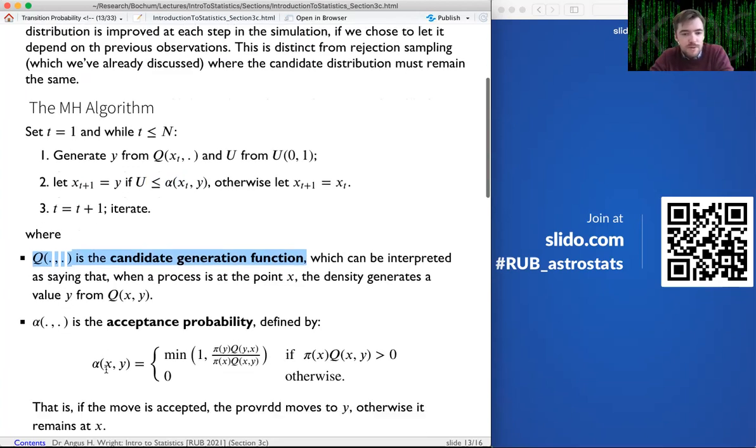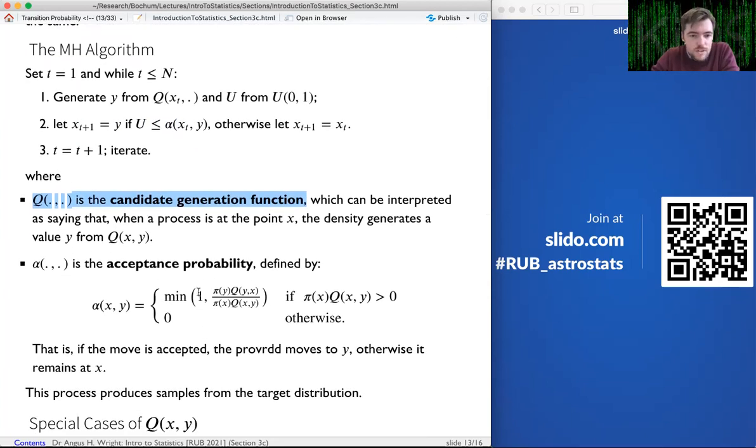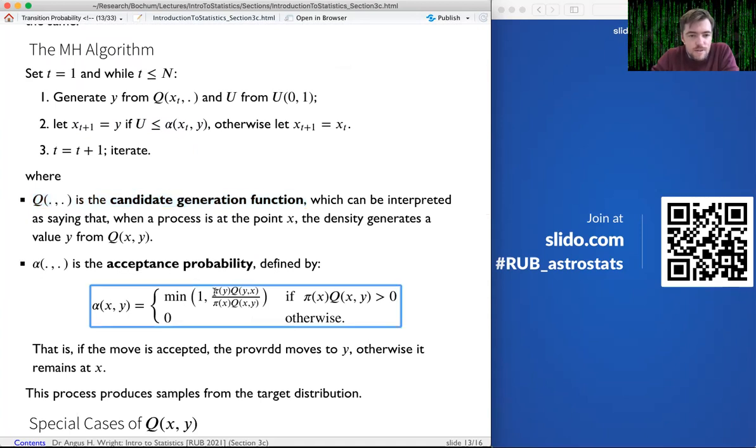The acceptance probability is defined here. So it's defined as the target density at the new location, y, times the candidate generation function, the density of the generation function at x and y, divided by the target distribution density where we're currently standing, and again, the transfer probability, but now in the opposite direction, x, y.